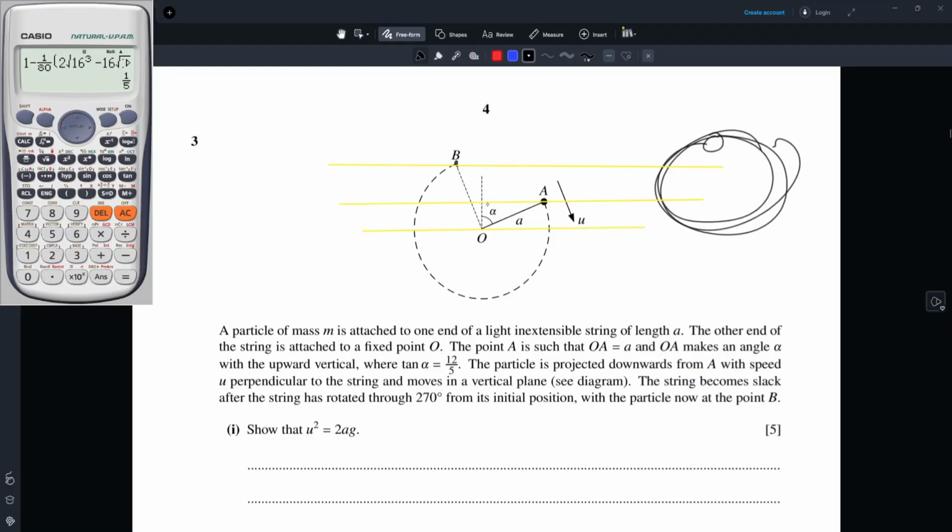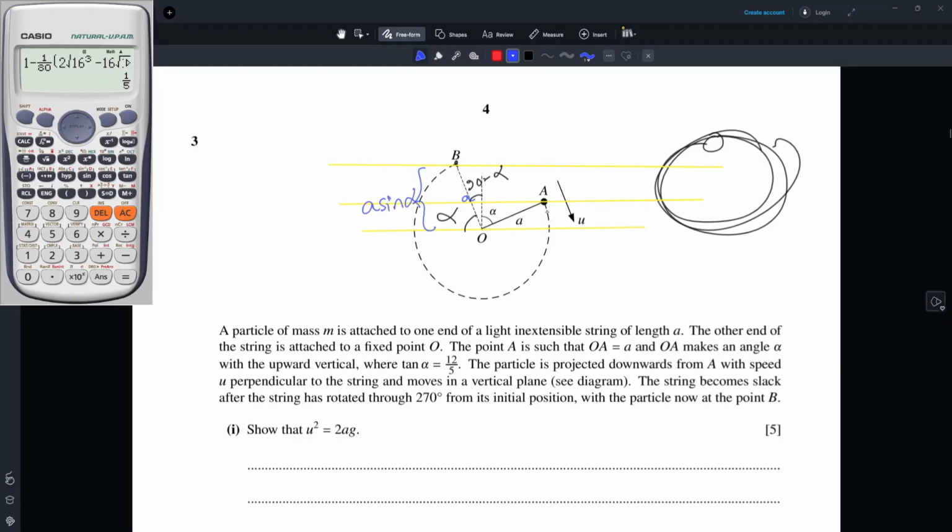So if this is 90 and this is alpha, this is going to be 90 minus alpha. And if this is vertical, this is horizontal, this is 90, this is 90 minus alpha. So the remaining one is alpha. Absolutely necessary for B. If this length is a, then this whole thing is a sine alpha.